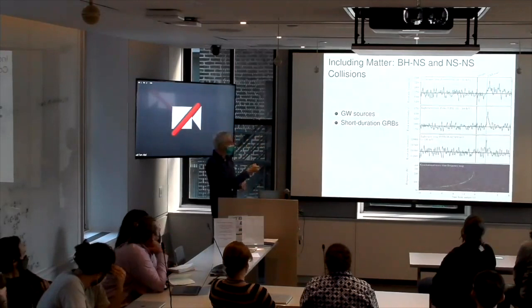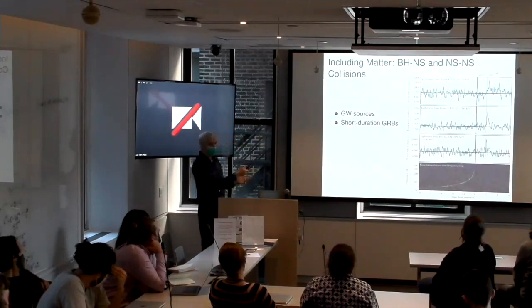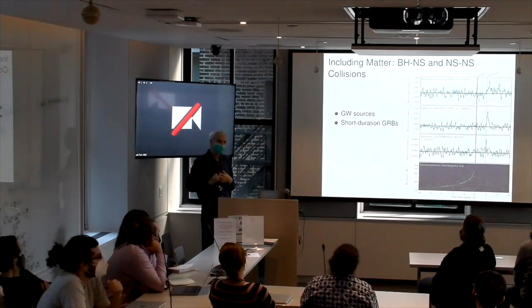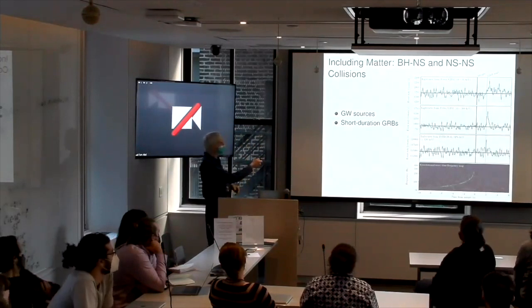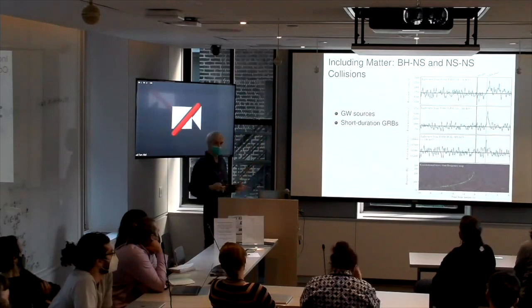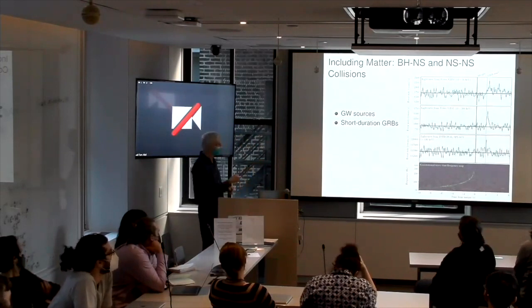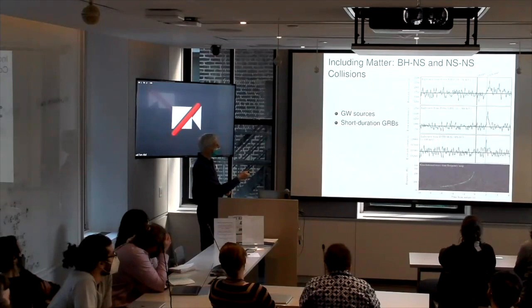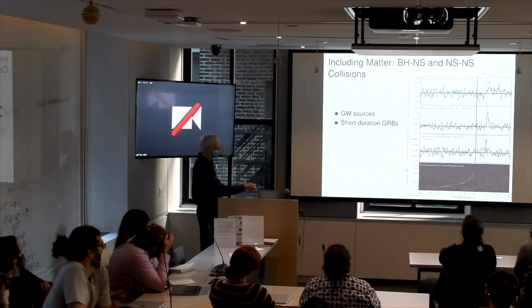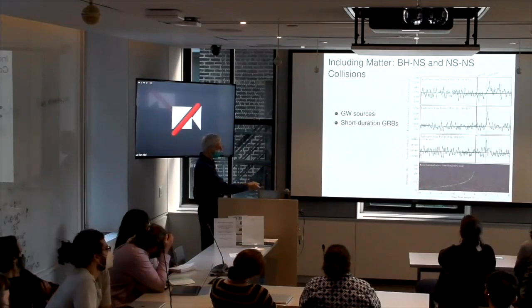But even we numerical relativists need to include matter, right? As soon as we want to talk about neutron stars, like black hole neutron stars, neutron stars, right? This is the famous first neutron star event detected by LIGO. Here again, you see the strain data shown this time in frequency. It's a spectrogram, frequency versus time.